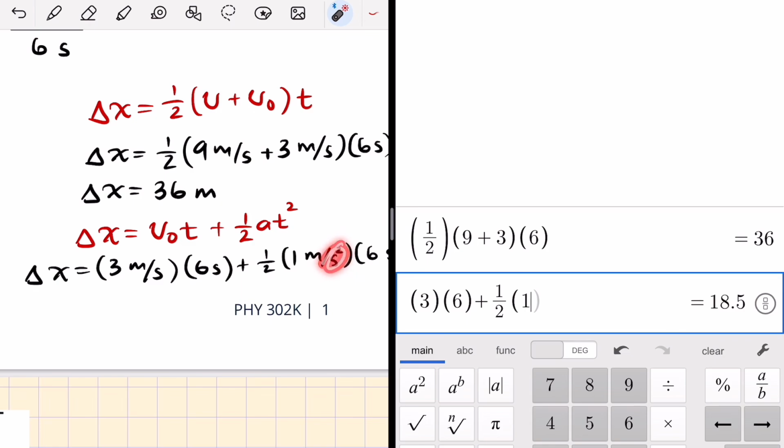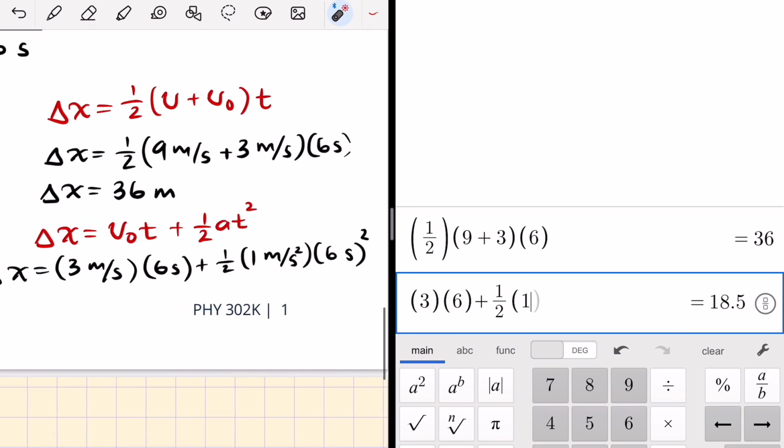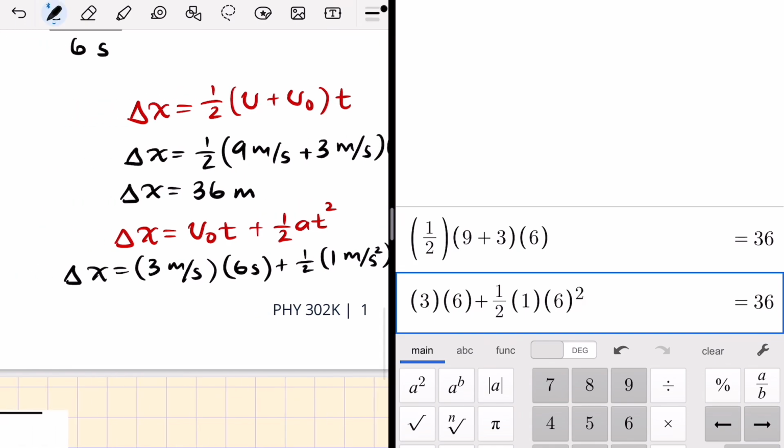It's inside the parentheses, so it does nothing. However, for this one, the square would go into the 6 and into the second, meaning that you have to have 6 and then squared. Okay? Again, that makes sense if you know how to do a unit check. Ask me, please. And as expected, it is also 36. And the unit would be meters.